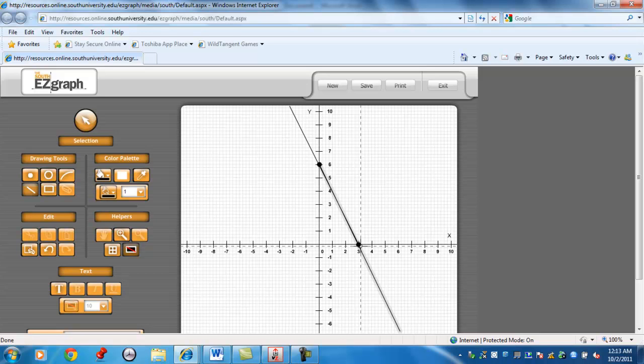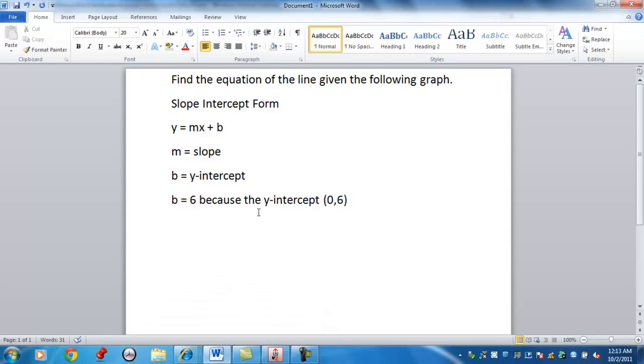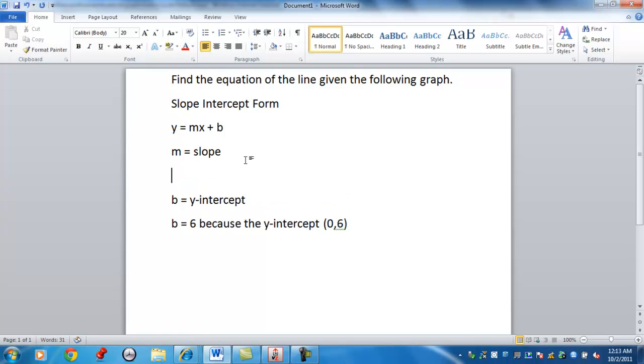In this case, go down 6, and then go to the right, to the next coordinate, and I count what kind of ratio or rate I am going. In this case, I'm going down 6 and to the right 3. So for my slope, we said that the slope was going to equal negative 6 over 3.